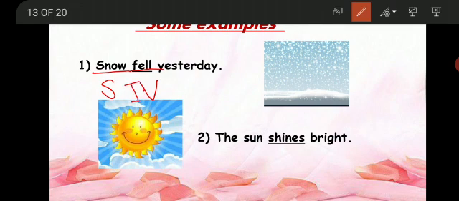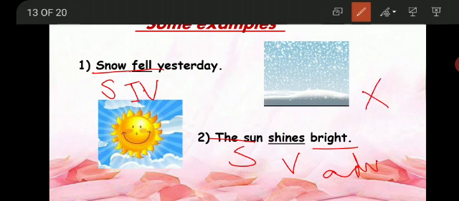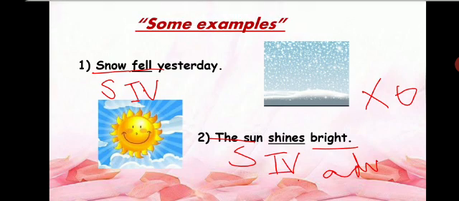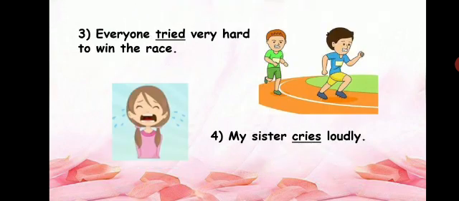Similarly, the sun shines bright. Here shines is the verb, the sun is the subject. Now bright is qualifying the action shines, so it is an adverb. And there is no object in this sentence, so such a verb becomes an intransitive verb. Similarly, everyone tried very hard to win the race.